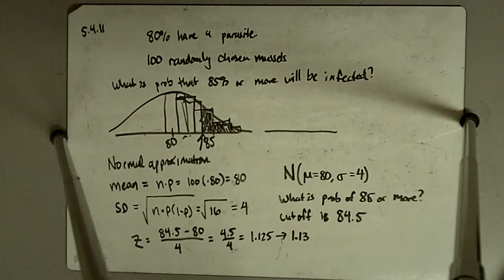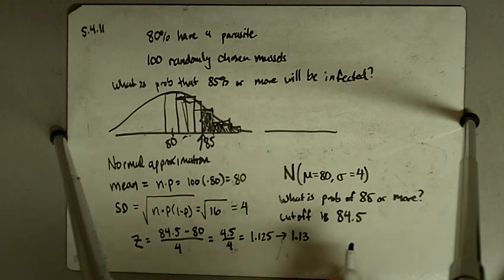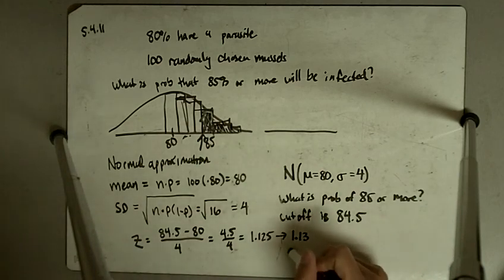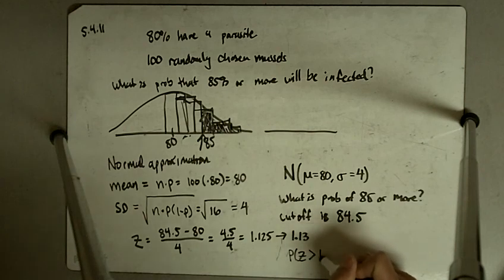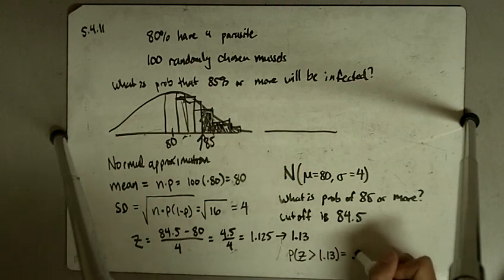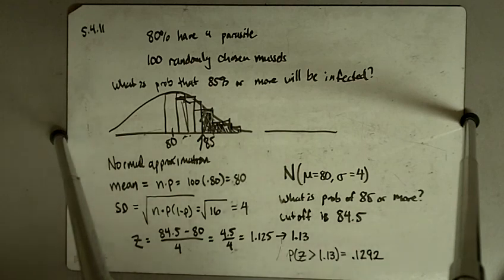So I can look up positive z equal to 1.13 and subtract that quantity from 1, or I could just look up z equal to negative 1.13, and that will give me the quantity that is greater than positive 1.13. However you look at it, the probability that z is greater than 1.13 is equal to 0.1292. And that is it for 5.4.11.